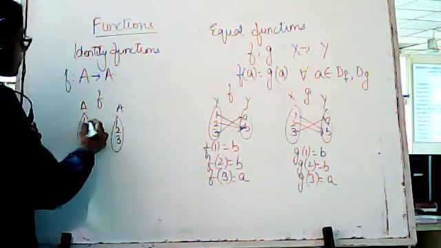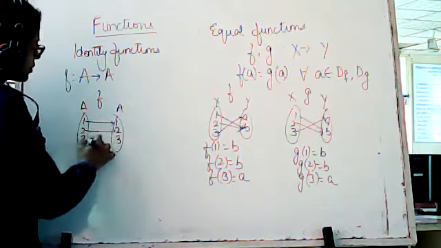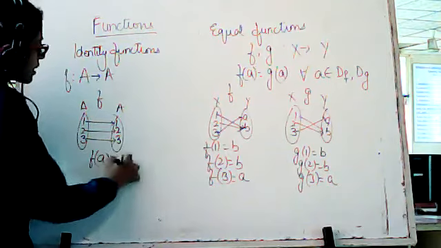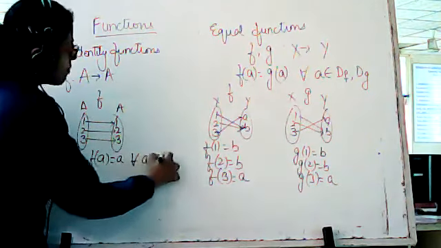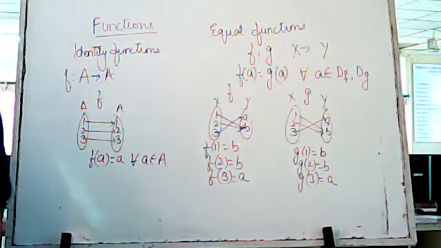Then the function is said to be identity if the image of 1 is again 1, the image of 2 is 2, and the image of 3 is 3. That is, f of a is again equal to a for every a belonging to the set A. This is called the identity function.